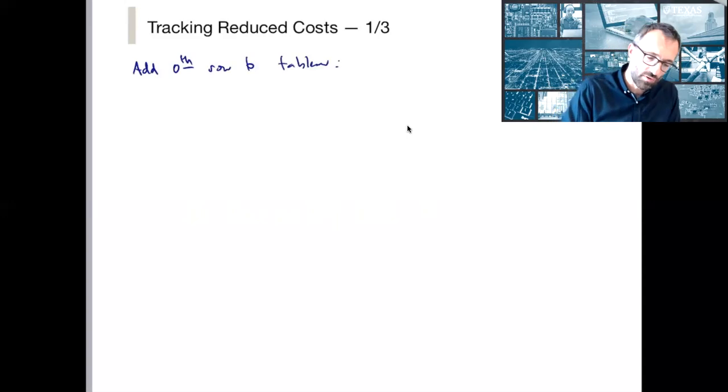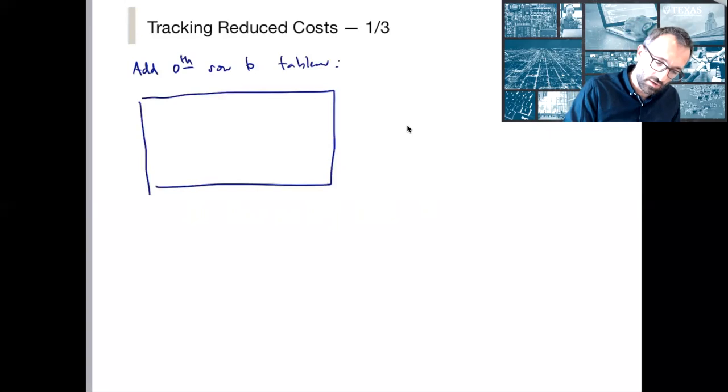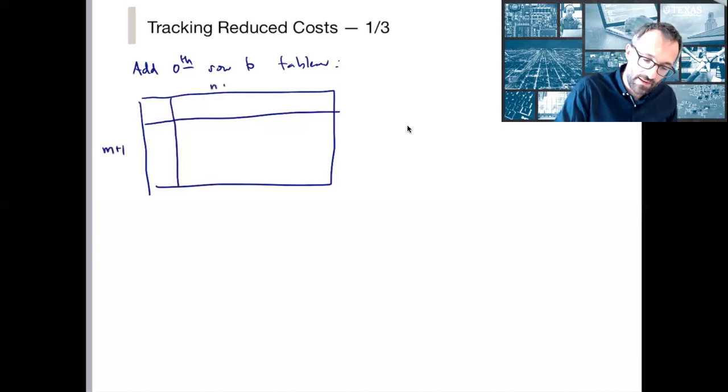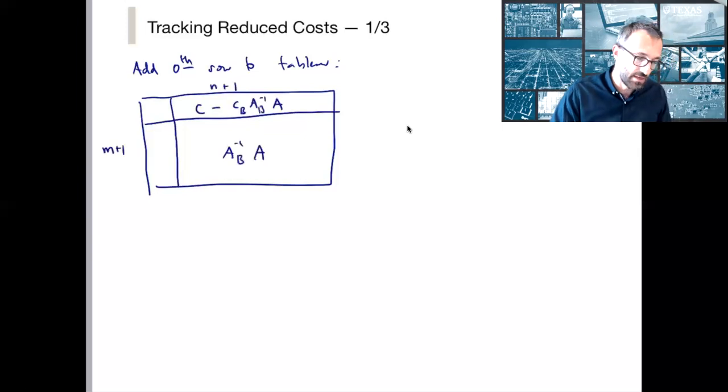And my 0th row is going to look, so my Tableau is now going to look like this. I'm going to have m plus 1 rows and n plus 1 columns. And up top, I'm going to keep C minus CB AB inverse times A. As always, I have AB inverse times A here. I have AB inverse times B here.